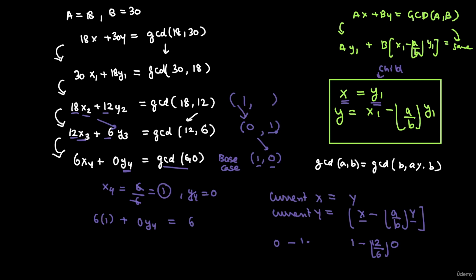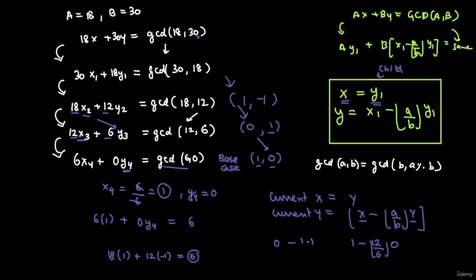What is y here? That is 1. So it is nothing but minus 1. So you can verify that 18 times 1 plus 12 into minus 1 gives an answer 6, which is equal to GCD of 18 and 12. So this equation is also satisfied.